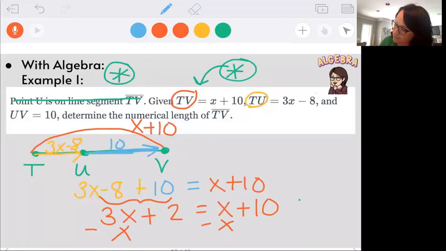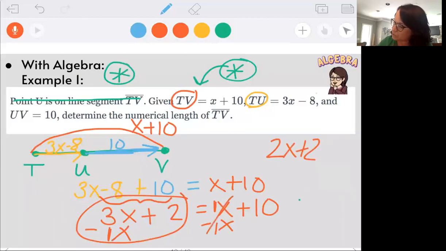So 3x minus 1x, that's 2x over on the left. So I have 2x plus 2 is equal to, this will be gone, 10. Trying to figure out what that x is.